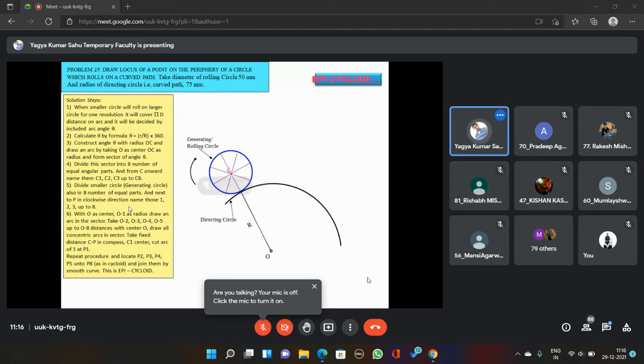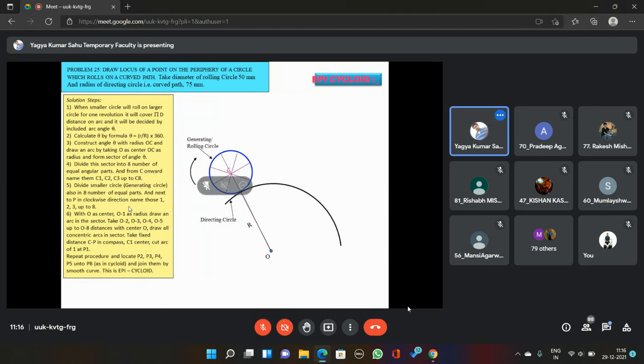Small r is nothing but the radius of the rolling circle, that is 25, divided by capital R, which equals 75. So 25 by 75 is 1 by 3, into 360, that is 120 degrees. Okay, so theta is coming 120 degrees.